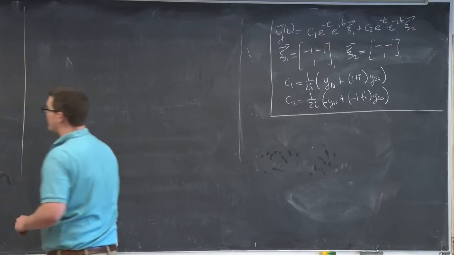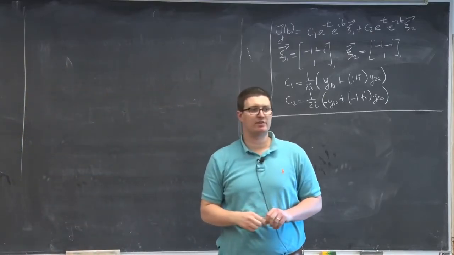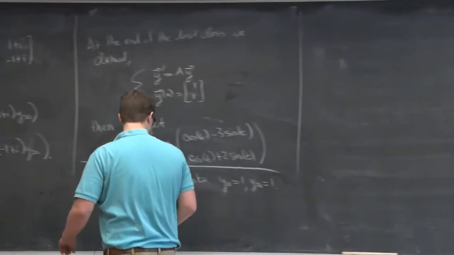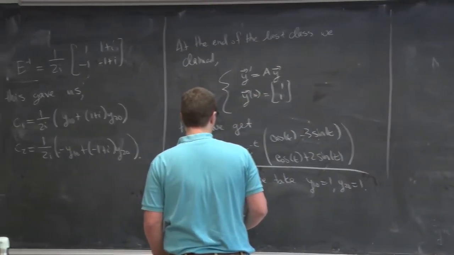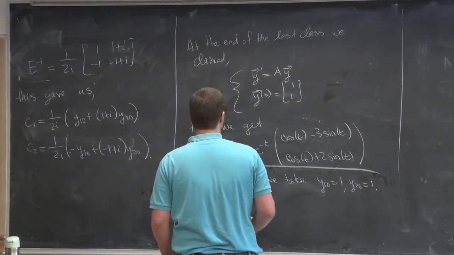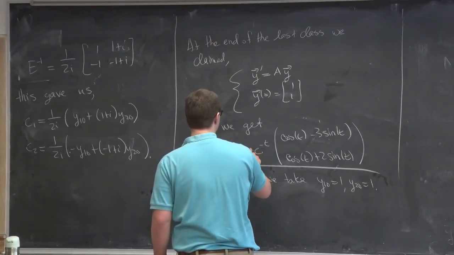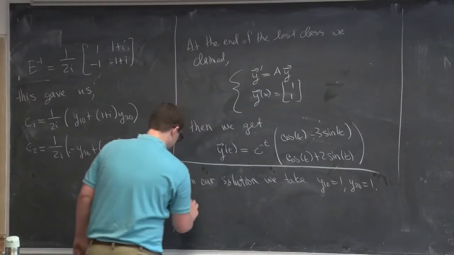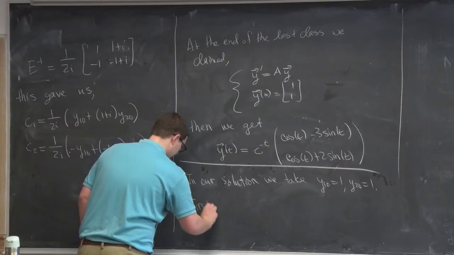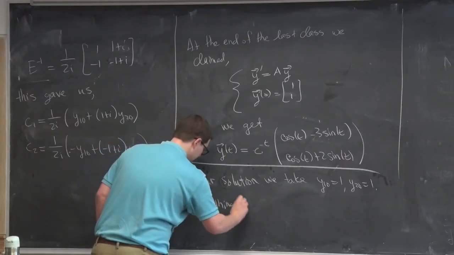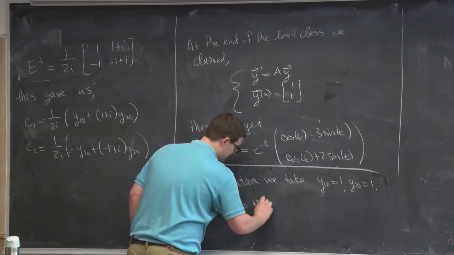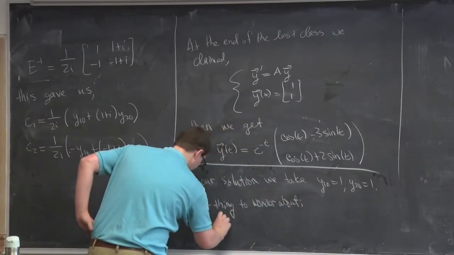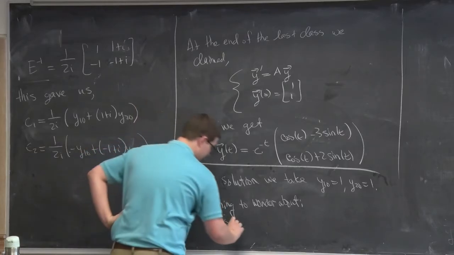Okay, so the first thing I want to check here is that this is even a real solution. So this is our other solution. So is this a real solution?